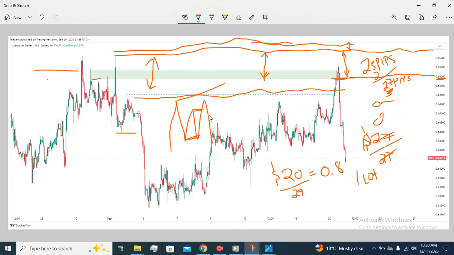If I am willing to lose, let's say, $270 in this single trade that I take, $270 divided by 27 pips, then I can use a lot size of 10 lots.